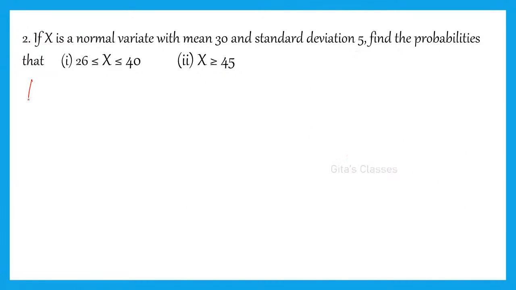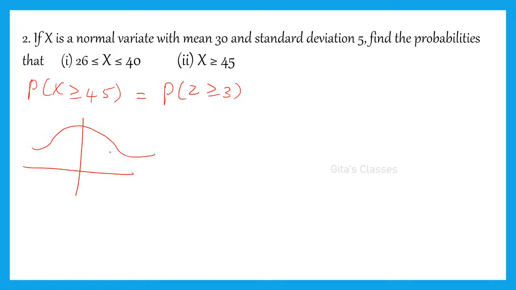See, now probability of x greater than or equal to 45, right? For 45, what is the value of z? 3, right? 45 minus 30 divided by 5. So probability of z greater than or equal to 3. Z is positive. So somewhere here z is equal to 3.